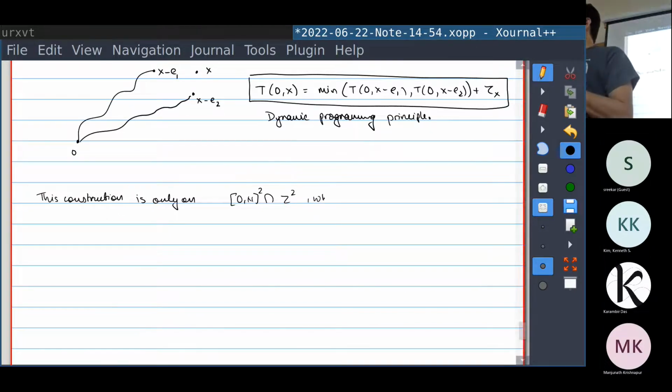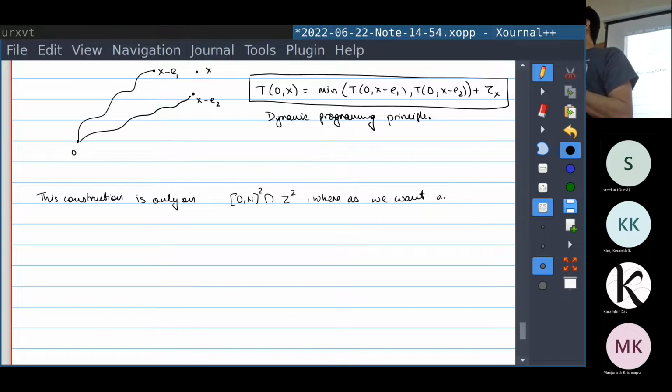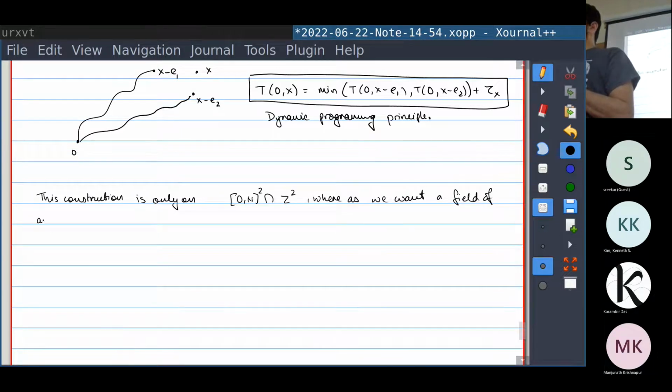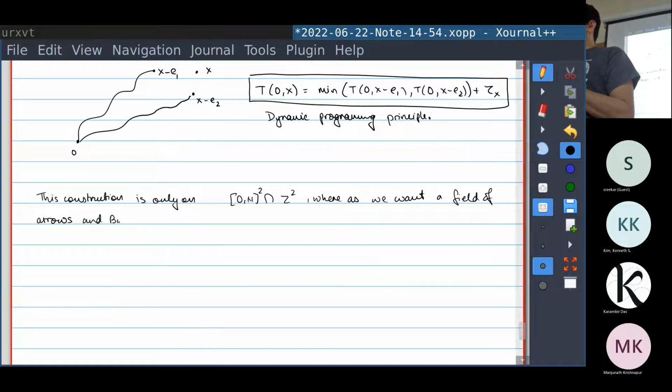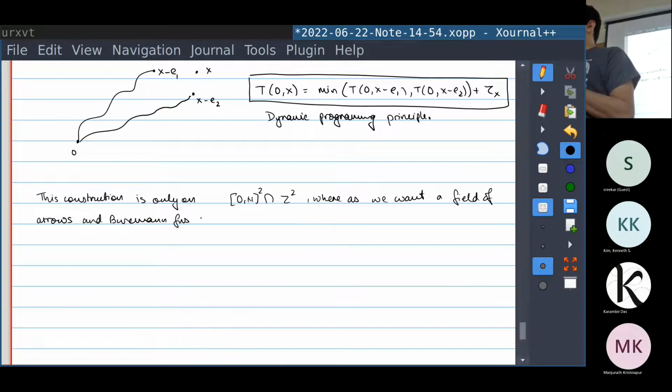Whereas we want a field of arrows in Busemann function, functions on Z2.